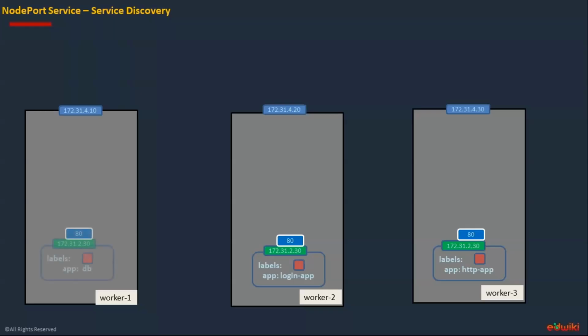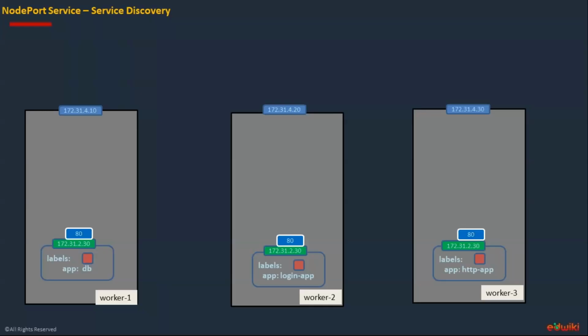You deploy one more pod that may come up in any other worker node, something like this. When you are deploying multiple pods running multiple different applications, how are you going to identify them? How are you going to know which pod is running which application? Labels, right?